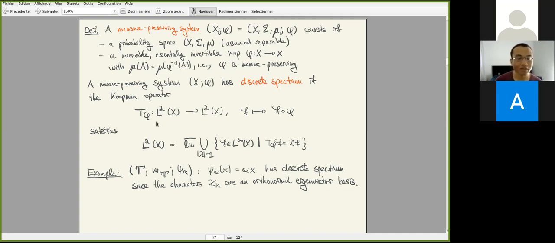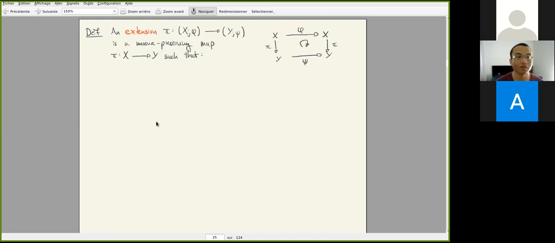Okay, so now we do the exact same thing that we did in the topological setting, also in the measure-theoretic setting. An extension here is again kind of a quotient map. So we have a measure-preserving map from X to Y, where I usually just omit the sigma algebra and the measure. So this is implicit, unless it's necessary, then I will specify them.